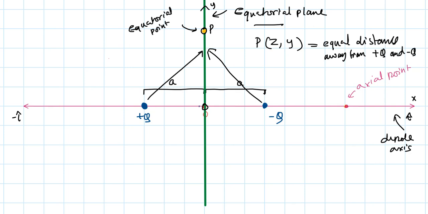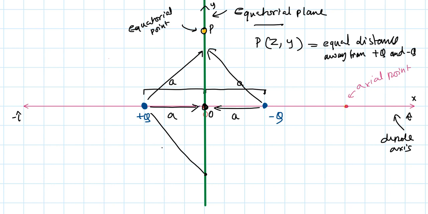It's easily demonstrable because the center, our central point or the dipole center, is a point on the equatorial plane. So the distance of the central point from plus q is a, as well as the distance of minus q from this point is also a. So they are at the same distance, right? So it is very clear that any point on this plane is at the same distance.